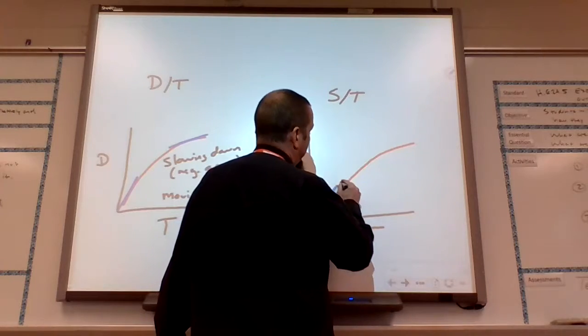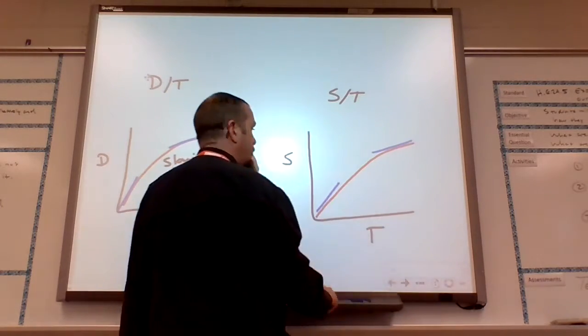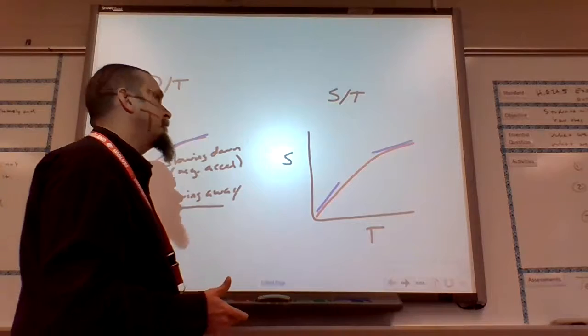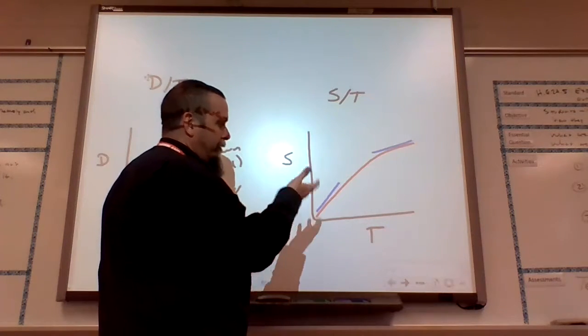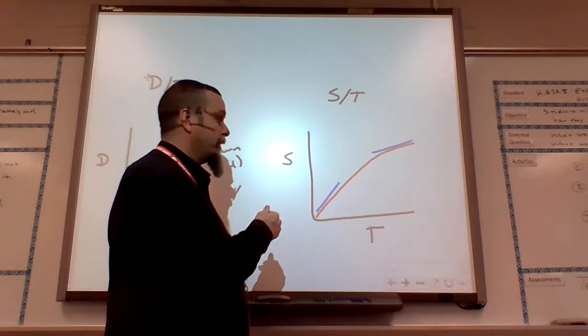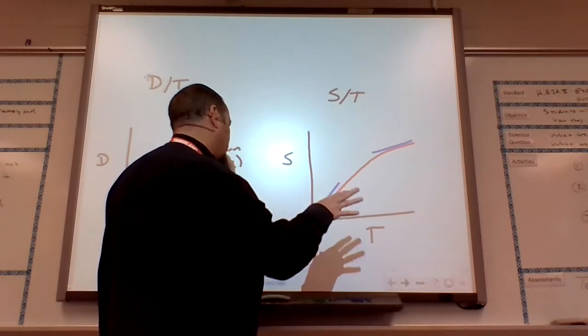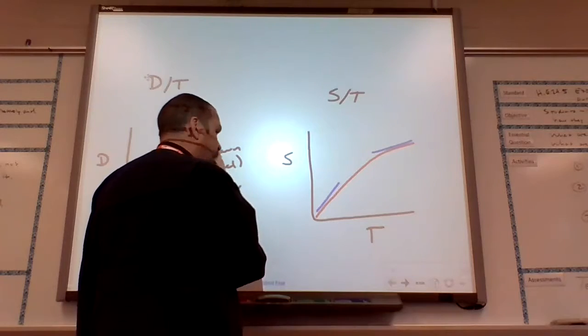Again, over here, high slope to lower slope. My slope is decreasing, but on the speed time graph or velocity time graph, this is acceleration that we're looking at. So my rate of acceleration is decreasing.